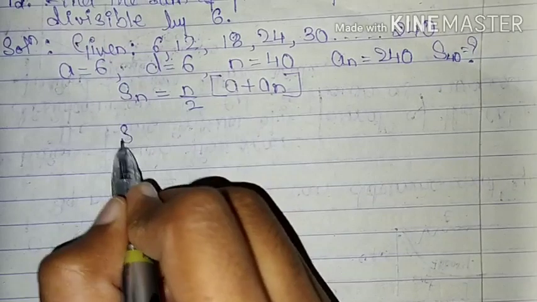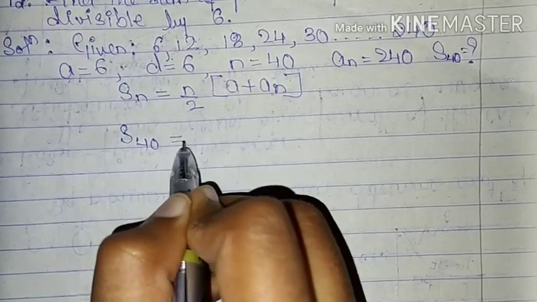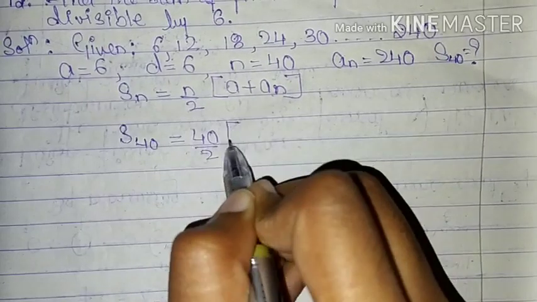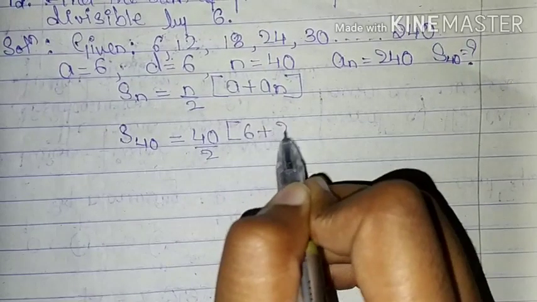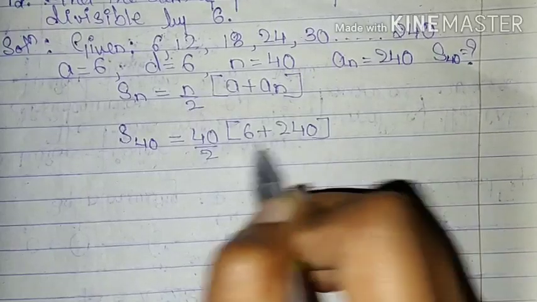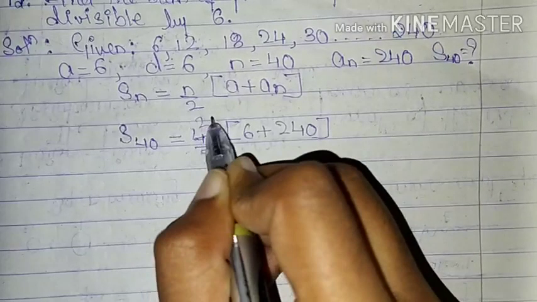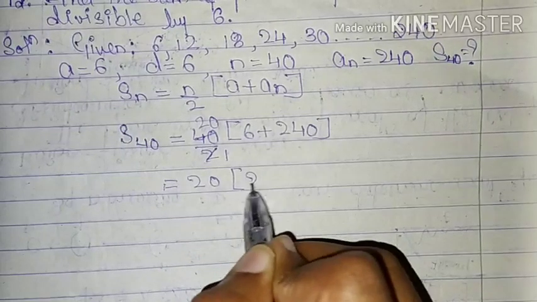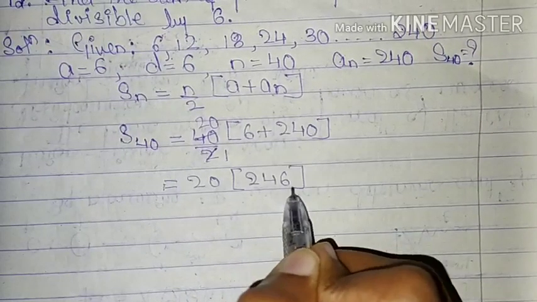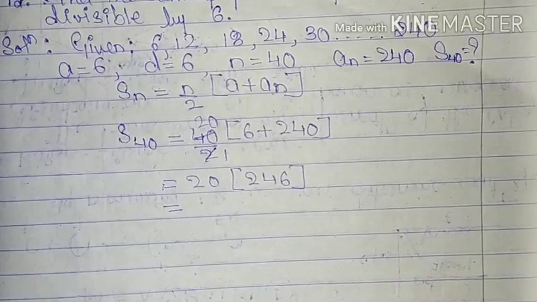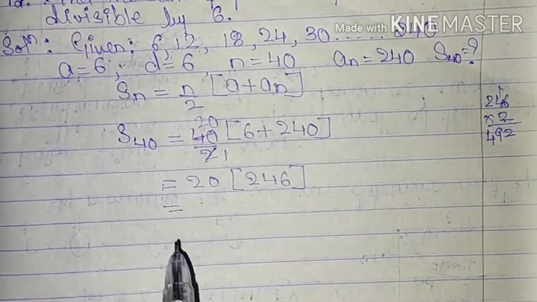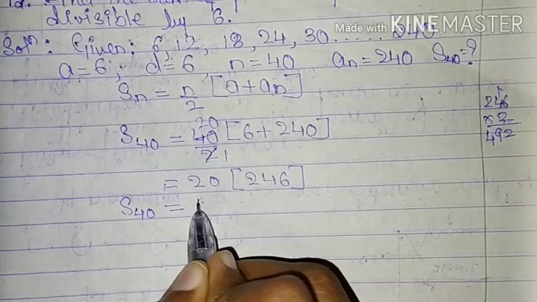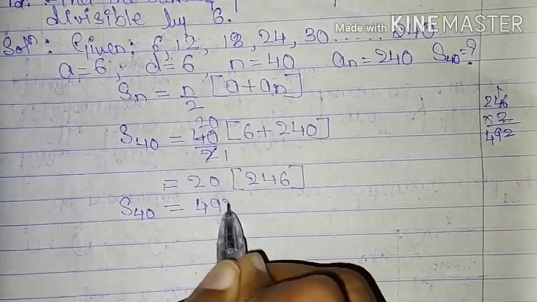So my S40, because n is equal to 40, S40 is equal to 40 by 2 into (6 plus 240). 2 ones are 2, 20s are, which is nothing but 20 into 246, which gives S40 is equal to 4920.